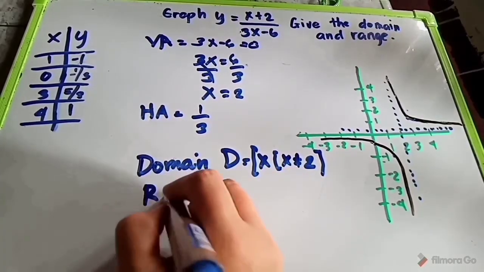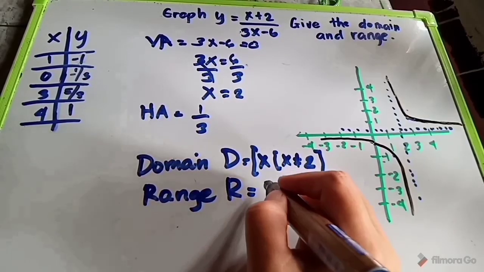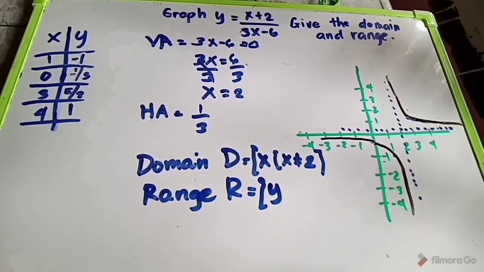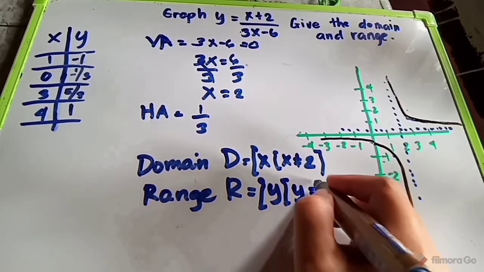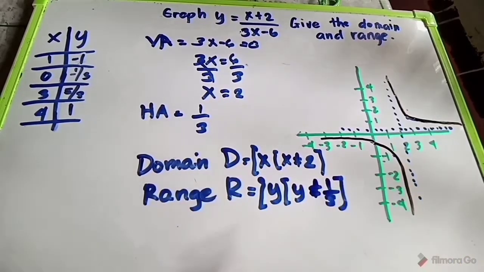And the range are all the elements of y. So all the values of y, but not only y equal to 1. So this will be the answer for our domain and range. This is the graph of x plus 2 divided by 3x minus 6.